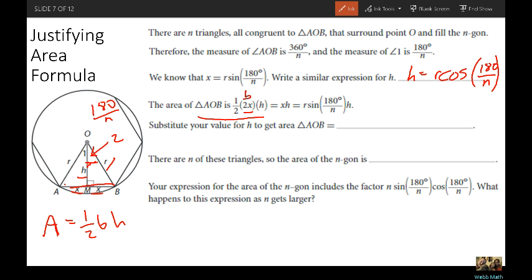But remember, x is represented as this, and h is represented as this in our situation.